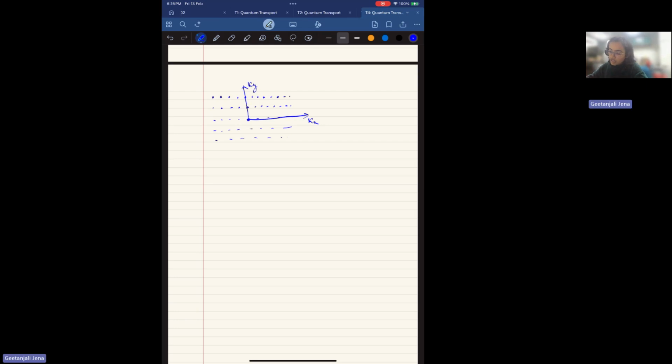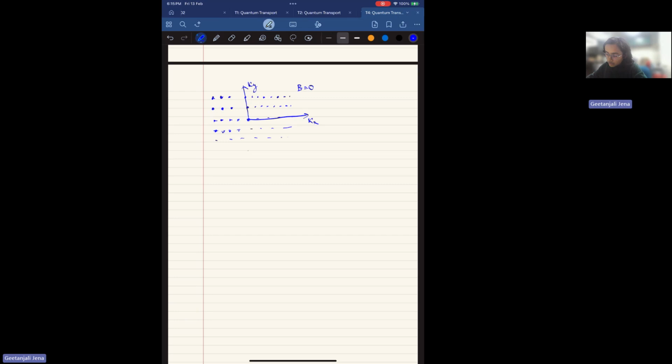The dot points are the allowed states that the electron will occupy. So this is for the case where B is 0, and we are not applying any magnetic field.